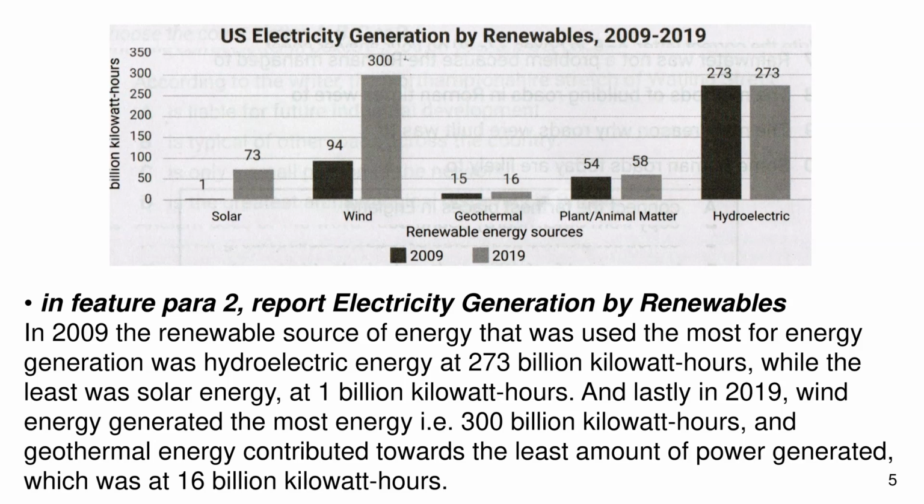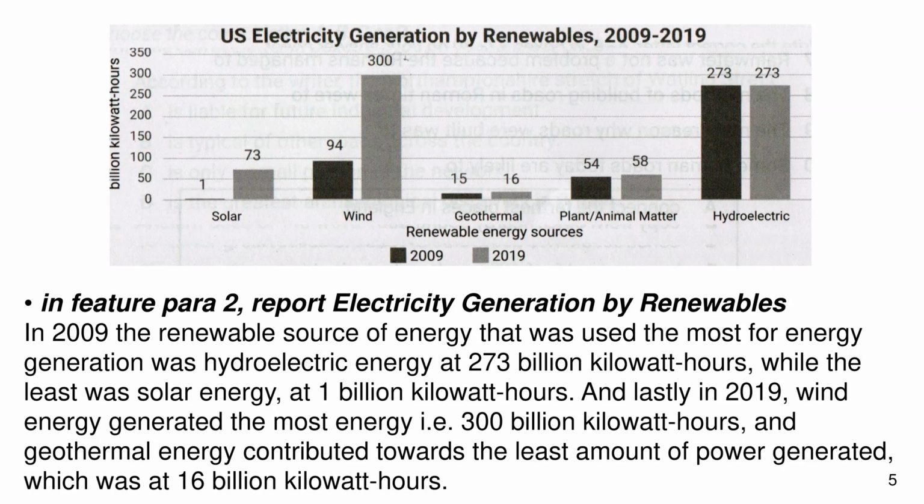Now in feature para 2, report the electricity generation by renewables. Now in 2009, the renewable source of energy that was used the most for energy generation was hydroelectric energy at 273 billion kilowatt hours, while the least was solar energy at 1 billion kilowatt hours.